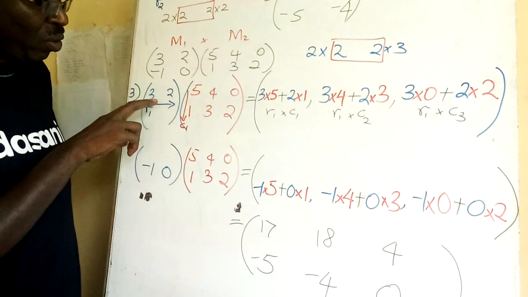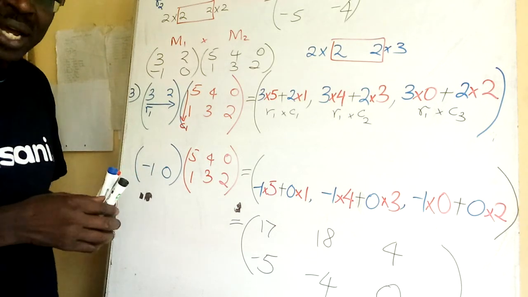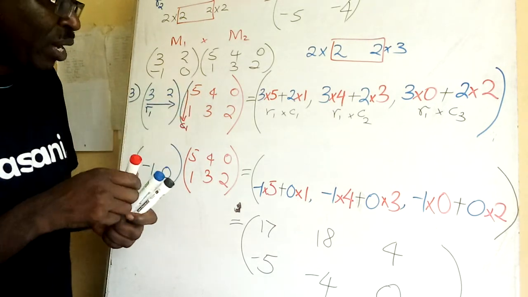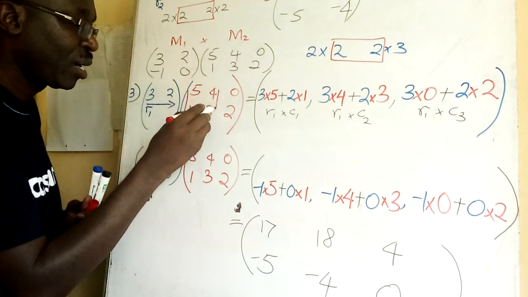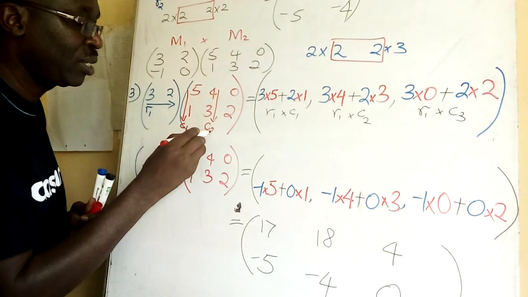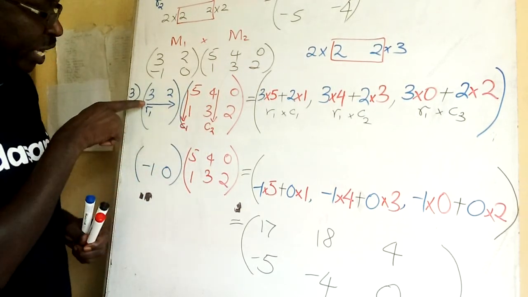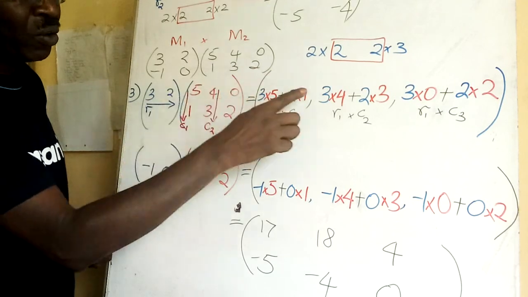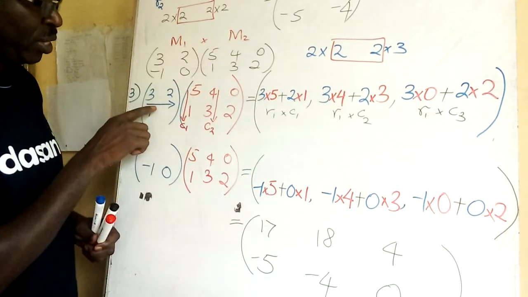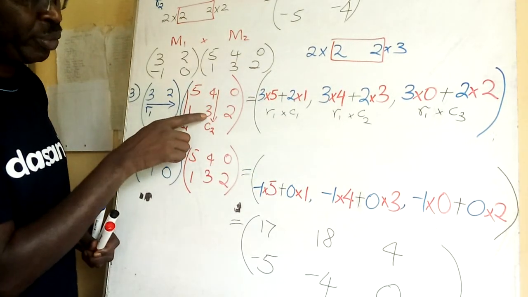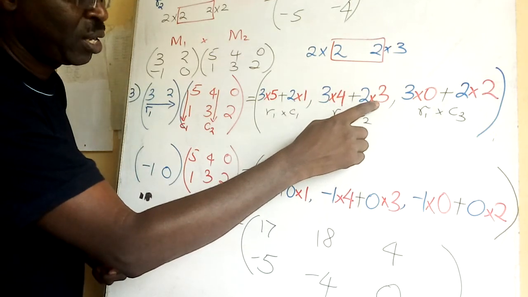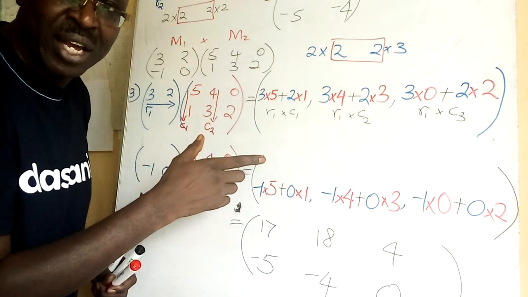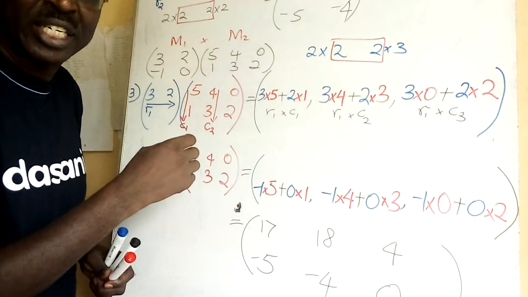So now here, this is where we are. C2. So tail 3 by 4 here. Head 2 by 3 here. So head, and then plus tail.